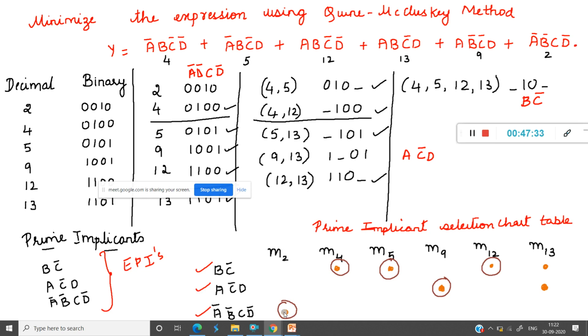A column which contains a single dot, that particular row is an essential prime implicant. This can be done with the help of the prime implicant selection chart table. In this particular problem, we have 3 prime implicants as well as 3 essential prime implicants. In this way we have to find the prime implicants and essential prime implicants.